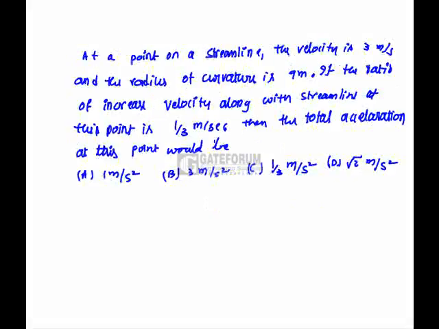The question is, at a point on a streamline, the velocity is 3 meters per second. We collect the data from the question, that is 3 meters per second, and the radius of curvature is given as 9 meters. The rate of increase in velocity along the streamline at this point, dou V by dou S, is given as 1/3 per second.